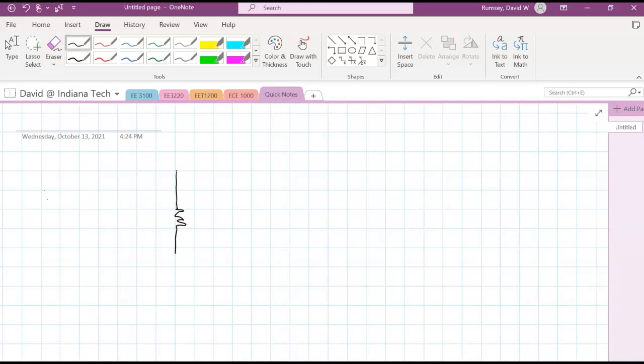So what I'm going to draw here is the circuit that we're really going to be looking at. The one I'm drawing is going to look slightly different than what you have in your lab report just because of the way that the power supply is drawn, but it's the same circuit. And so, I'll label these resistors.